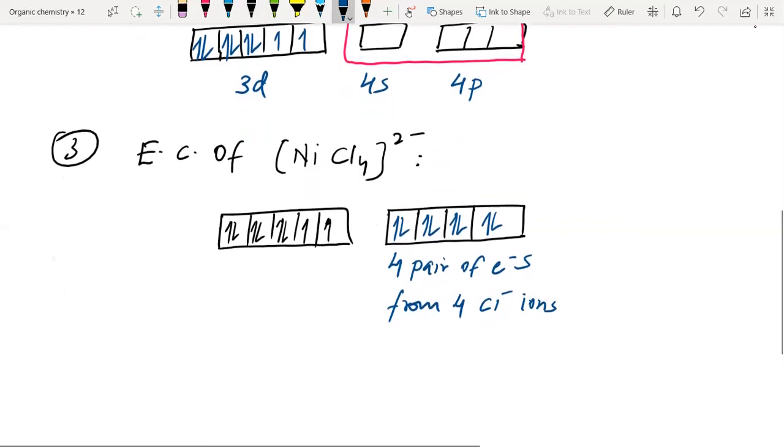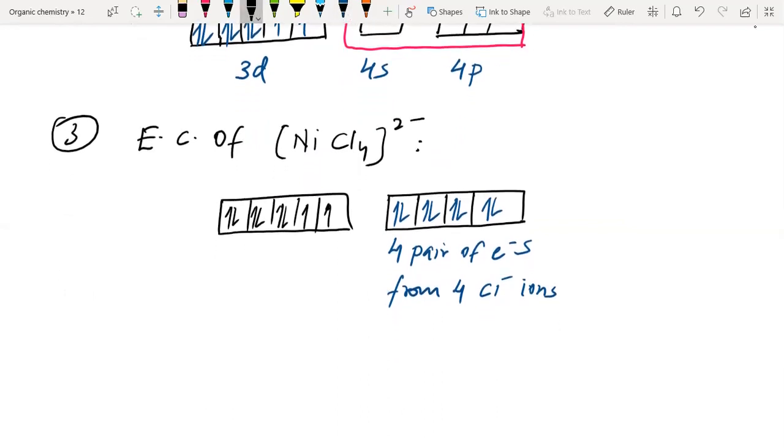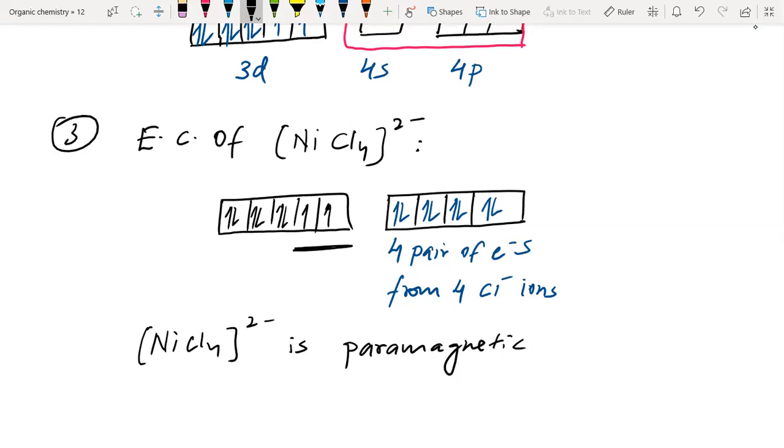So now we can conclude that this complex, the tetrachloronickelate 2 ion, is paramagnetic, as unpaired electrons are available.